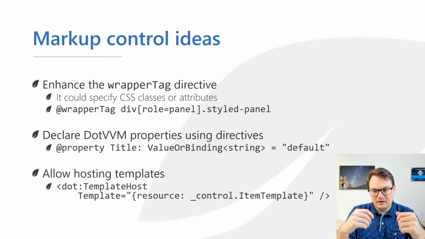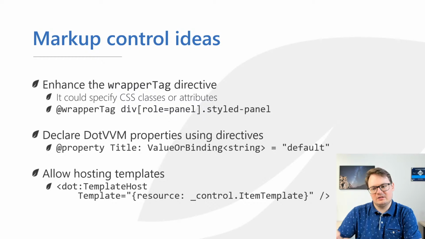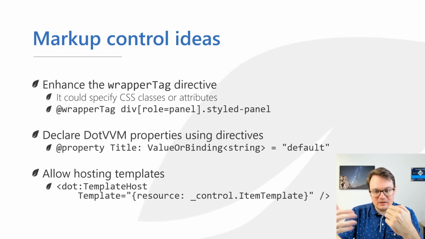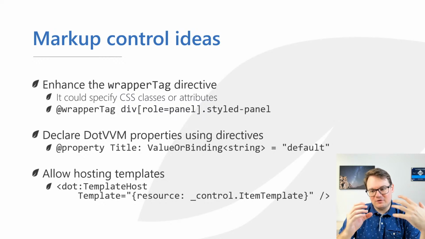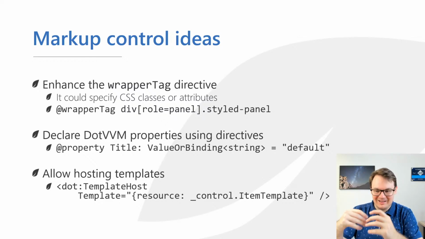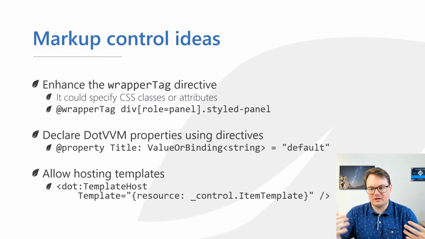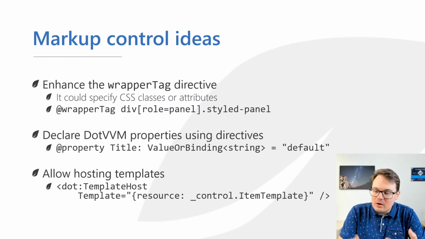If you are using the template in the page, you can use types that are related to the import directives in the page, not to the import directives in the markup control file. So it's complicated, and it gets even more complicated when you are using recursion. If you are recursively using a markup control inside its own instance, if you would be rendering some tree structures or something like that, you will meet this situation, and it gets more and more complicated.